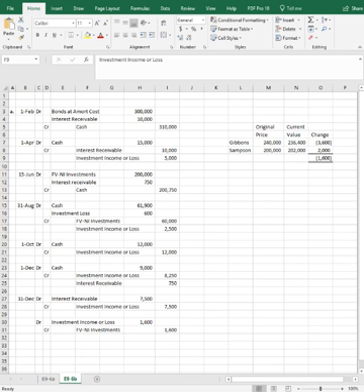Then on June the 15th, we bought some more, and again we're going to call those bonds at amortized cost. And we also had some interest receivable there. So the cash was $200,750. We paid for it.